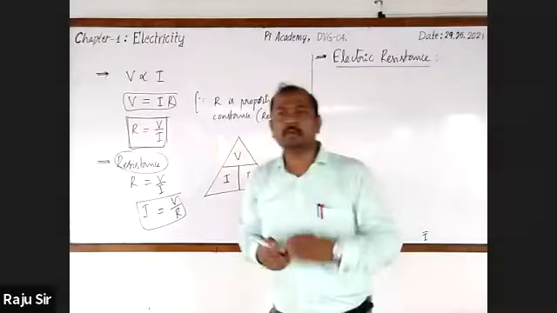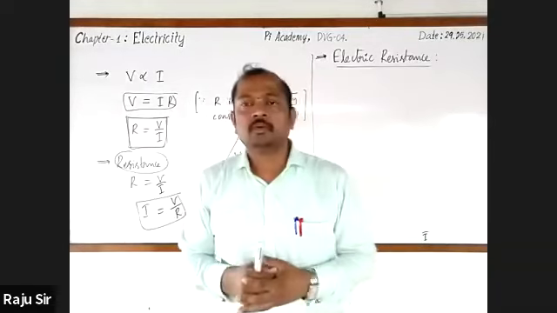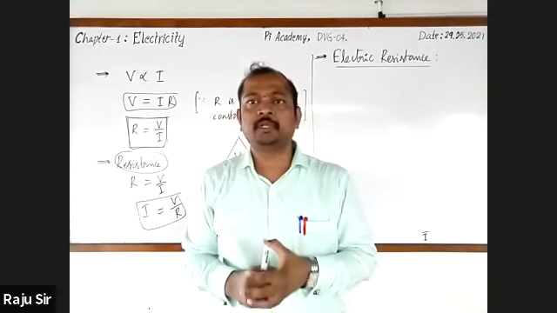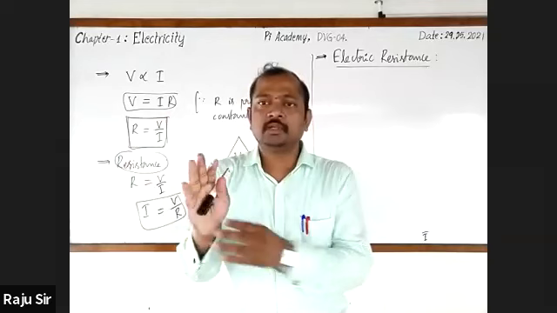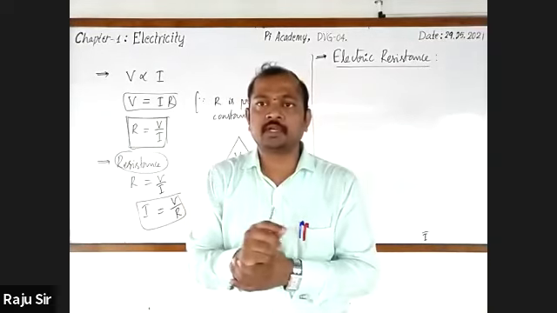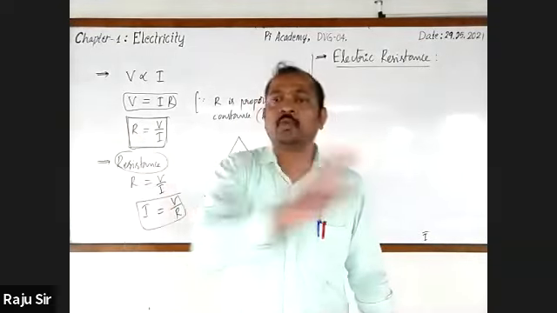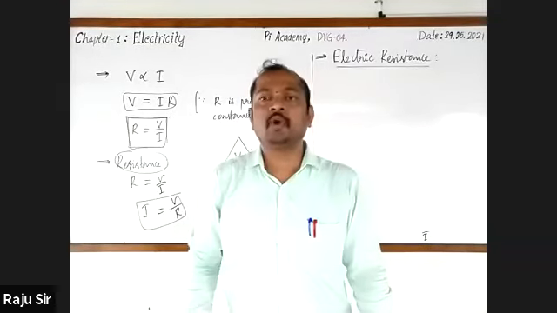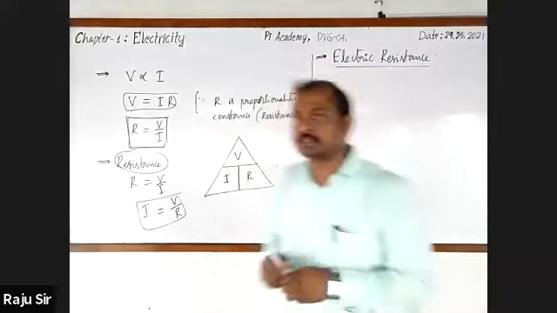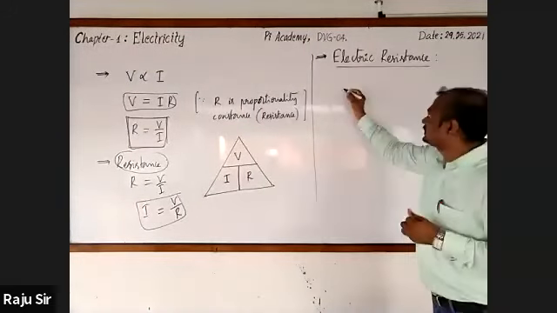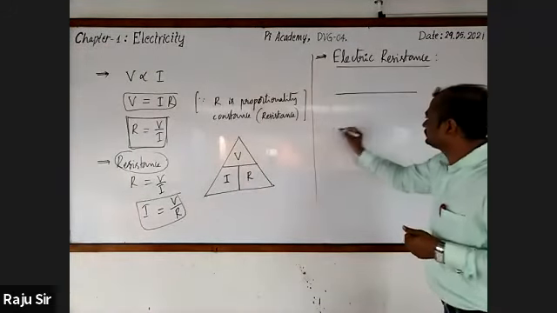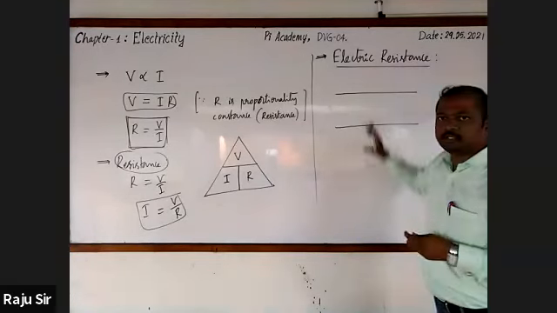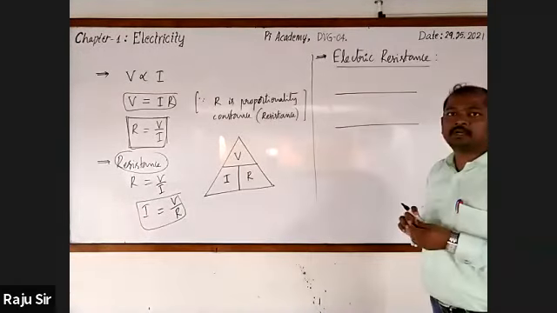Now you may be thinking, why does the resistance of a conductor not allow the flow of electrons in it? Why will it try to avoid the flow of electrons in it? Dear students, I'll give you some information regarding that. Observe. Think that this is the enlarged part of a conductor.